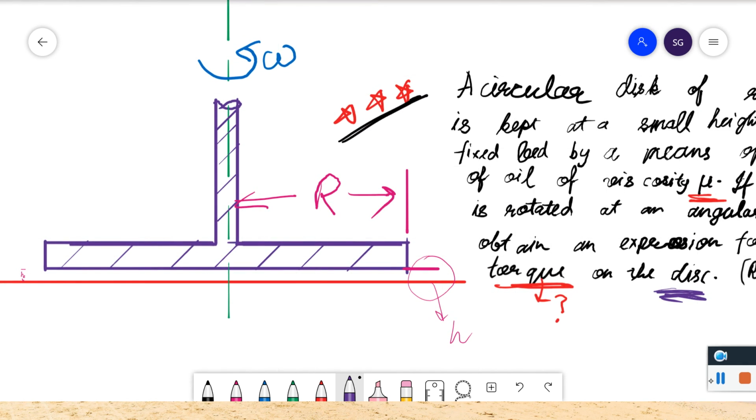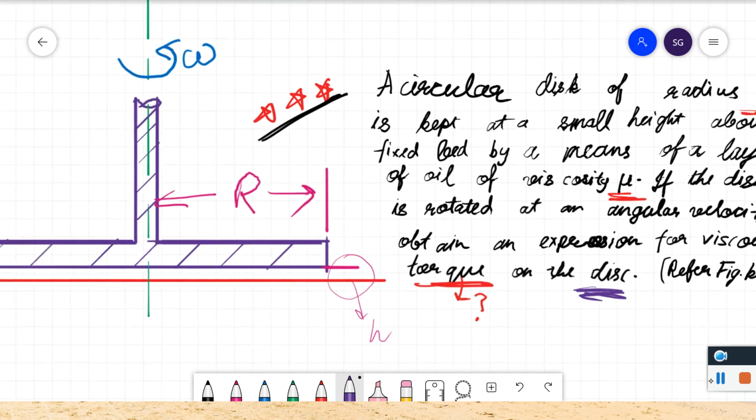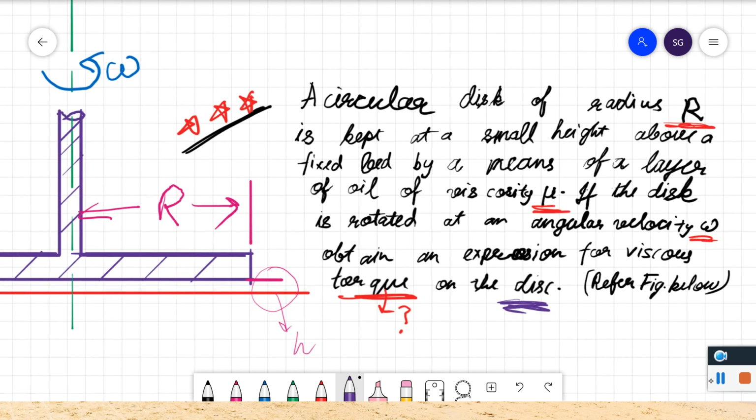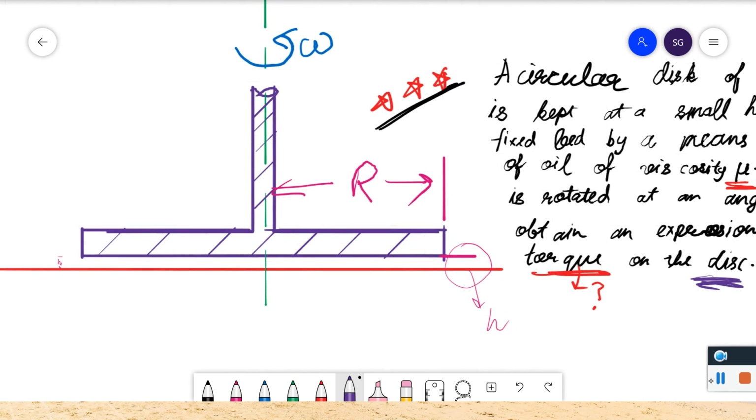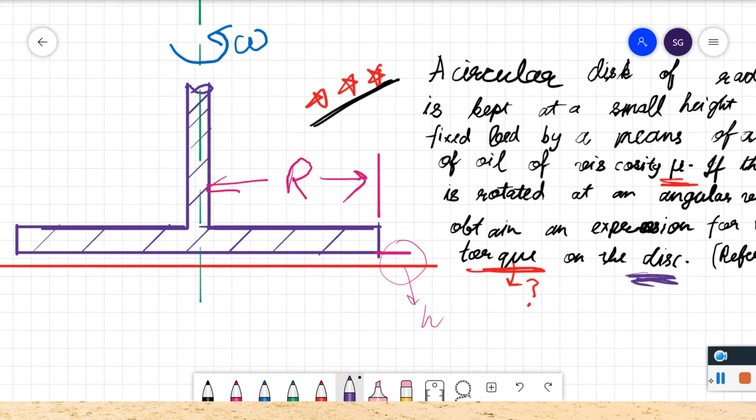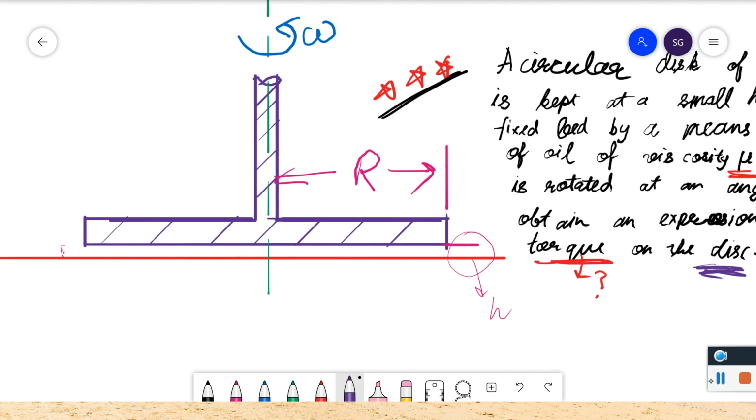Okay, so as you can see in this question, this is moving with the angular velocity omega. This is r, it's of radius r, and viscosity mu is given, where this is oil. Here it is viscosity mu.